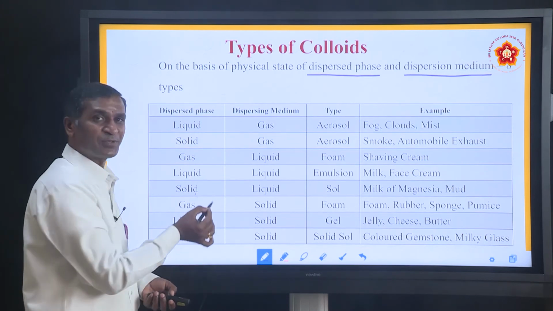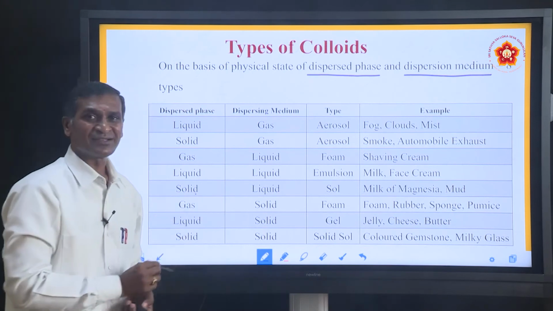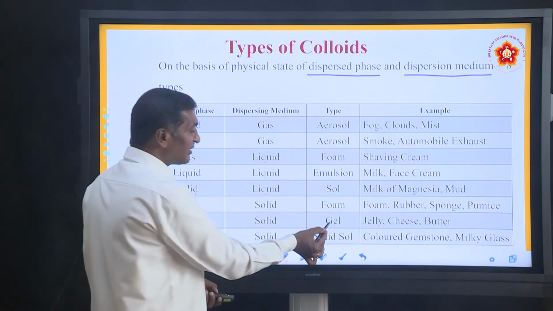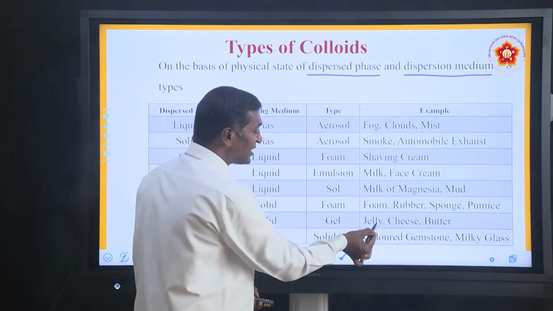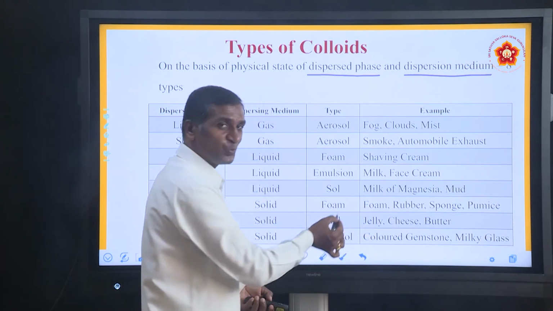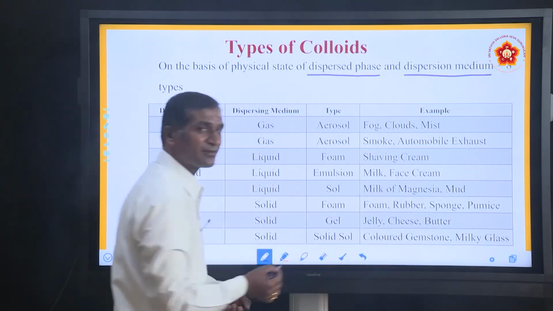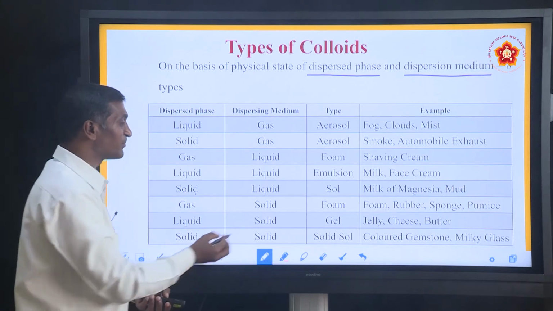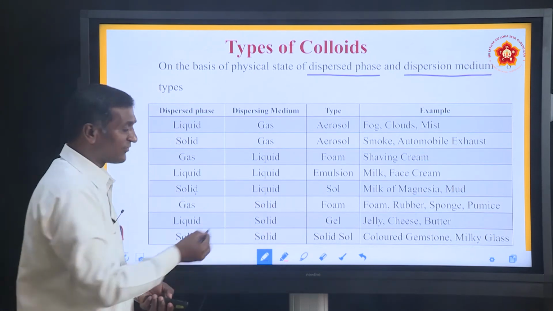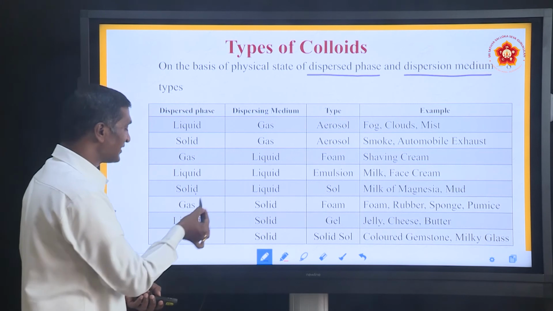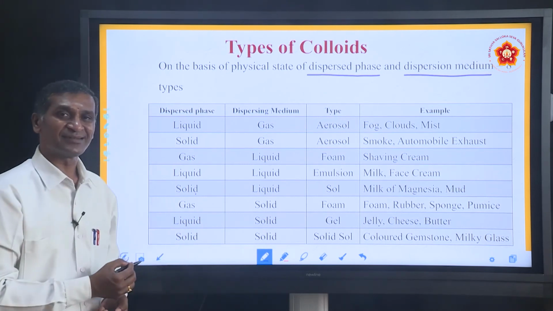Liquid is the dispersed phase and solid is the dispersing medium. The type is gel. Jelly, cheese, and butter are all examples of the gel type, where the dispersing medium is solid and the dispersed phase is liquid.